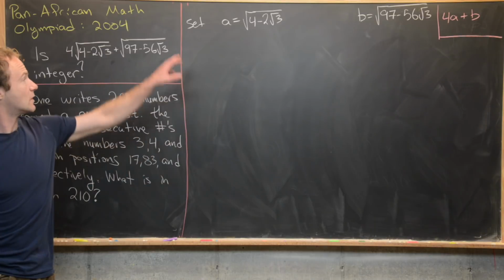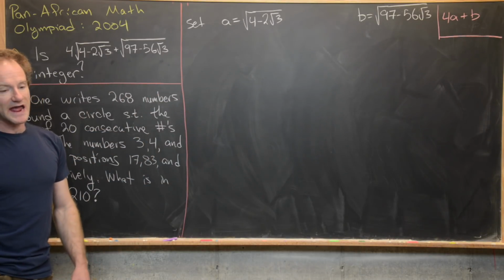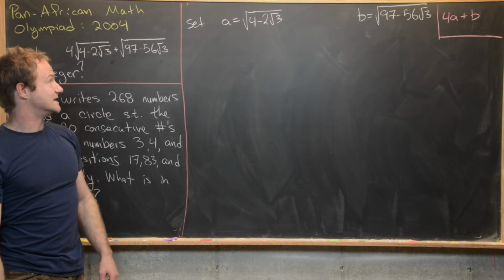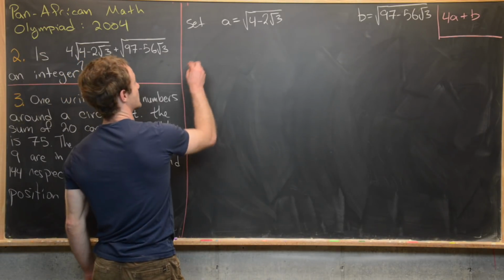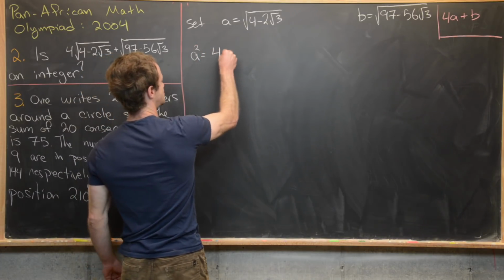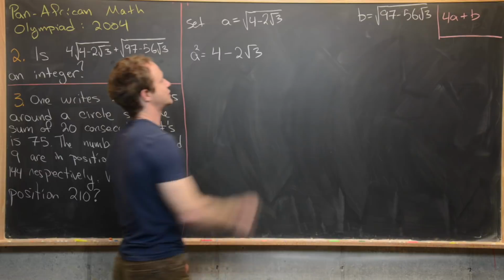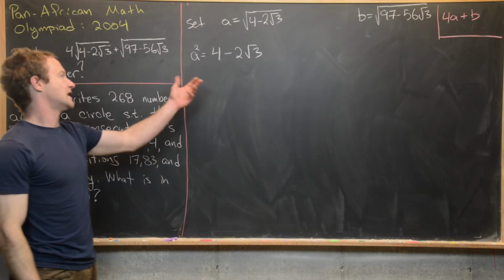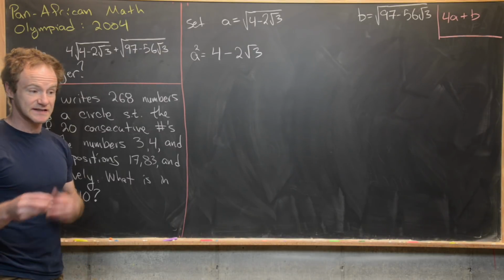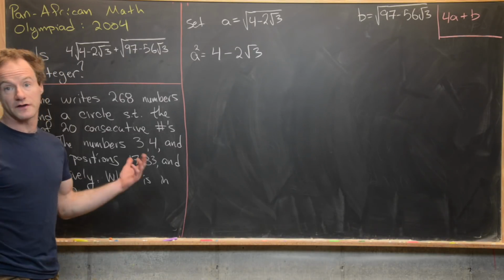All right, so let's go ahead and work on A first. I'll do what's really screaming out at me, and that is square both sides. So if I square both sides here, I'll get A squared equals 4 minus 2 root 3. Then I should probably get the square root thing by itself so that I can take a square again and get all the square roots out of there.